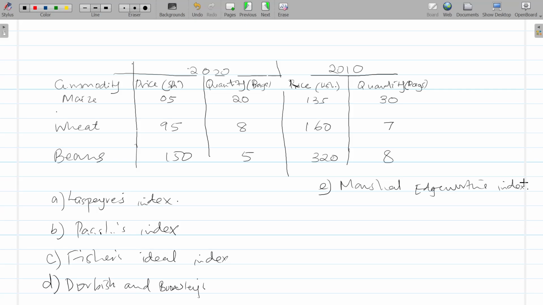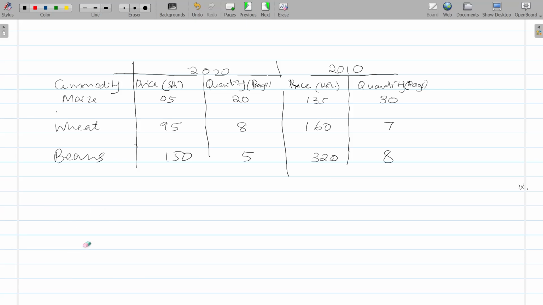So before we calculate, we must make a table that will generalize all the calculations, then it will be easy for us. We are going to have a table whereby we have the prices in the base year, that is P0, the quantities in the base year, Q0, the prices in the year of analysis, Pn, and the quantities in the year of analysis, Qn.